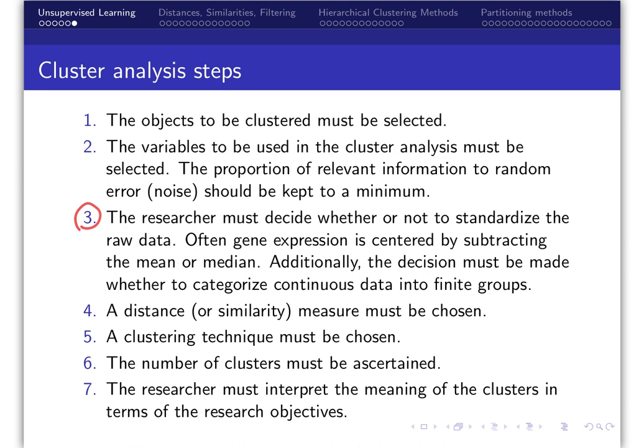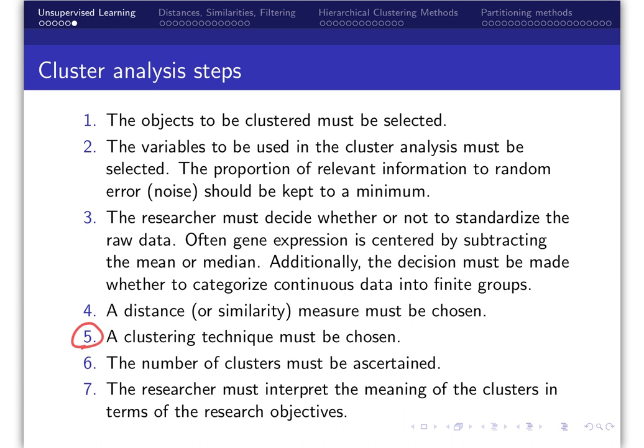The researcher must also decide whether or not to standardize the raw data. Often, gene expression is centered by subtracting the mean or median. Additionally, a decision must be made whether to categorize continuous data into finite groups. A distance or similarity measure must also be chosen.